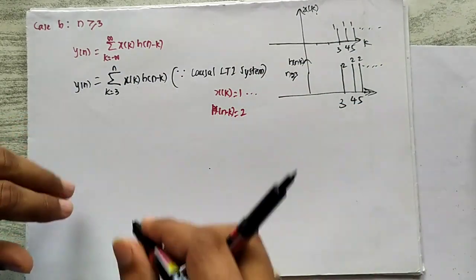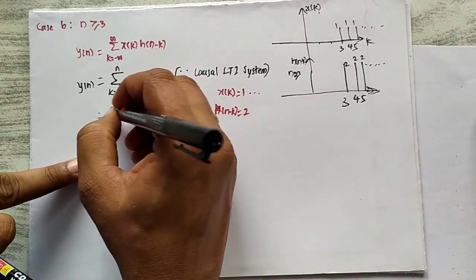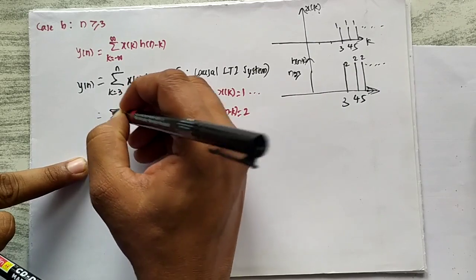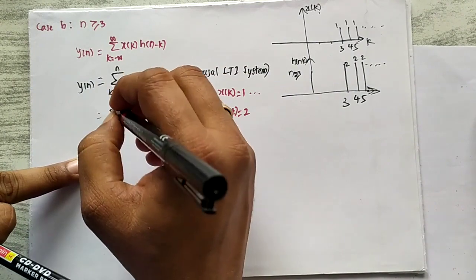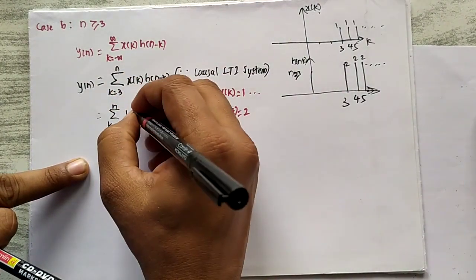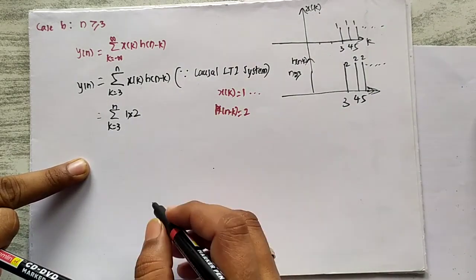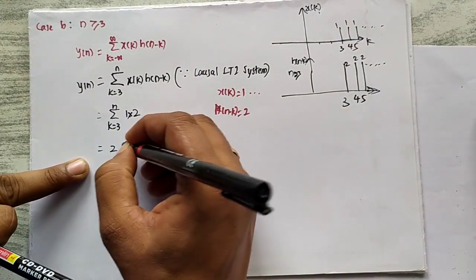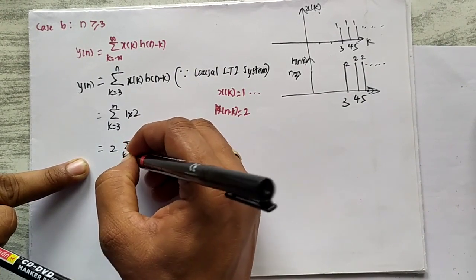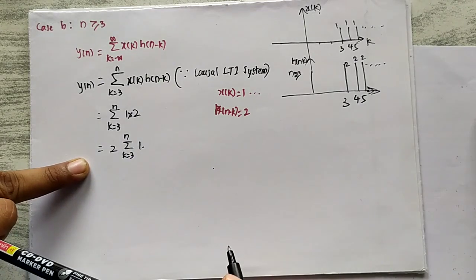If I substitute them, what I get is summation k equal to 3 to n, x of k is 1, h of n minus k is 2, so it is multiplied with 2. Since it is a constant, that will be taken out: 2 into summation k equal to 3 to n of 1.